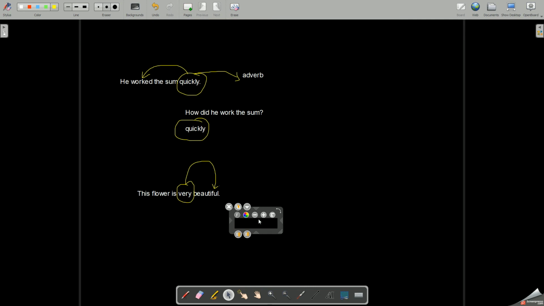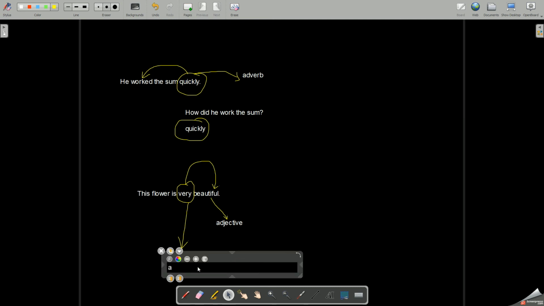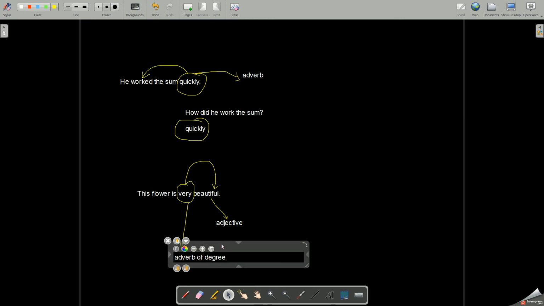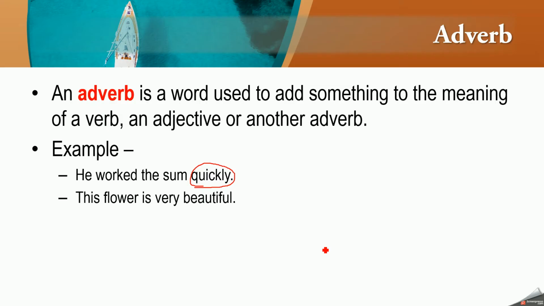Beautiful is the adjective. So this adverb very, it describes the degree. It is actually considered as adverb of degree. So we will study different types of adverbs also over here.